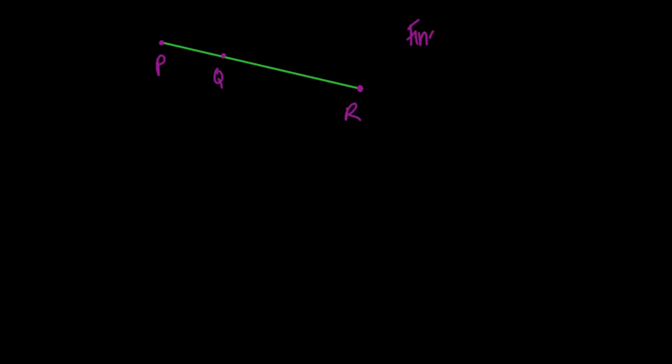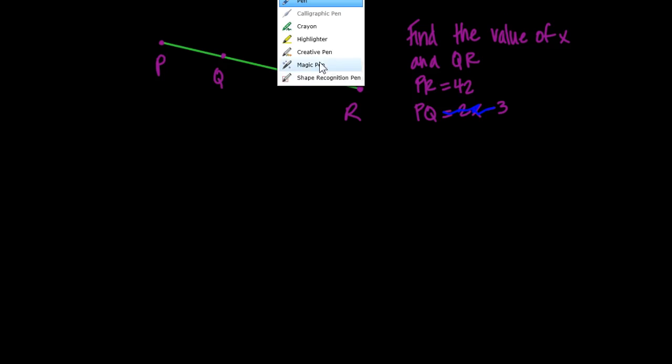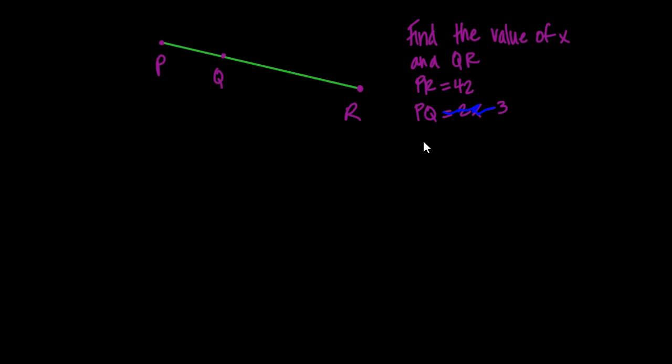Find the value of x, and QR, sorry, you have to find two things, the value of x and the length of QR, if PR is 42 and PQ is 2x minus 3 and QR is 3x.